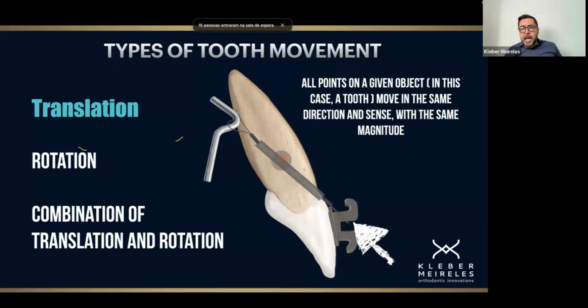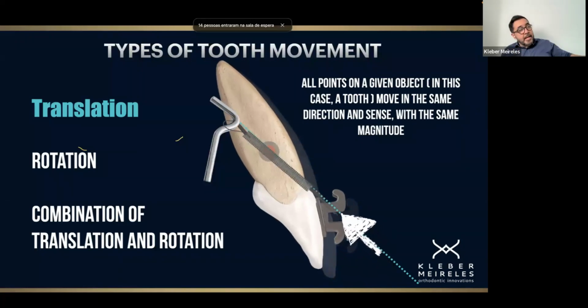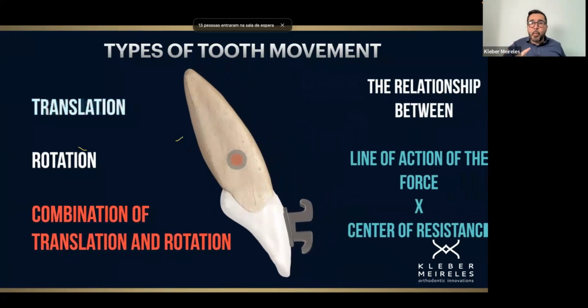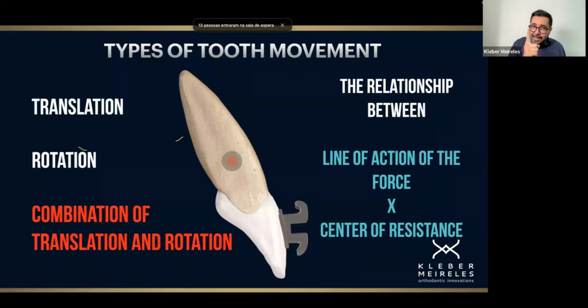So we can sometimes have this type of movement, which is a translation also, but it's not a distal translation of the center of this tooth. It is like an intrusive movement that we are applying here, and it can be a translation when we apply the correct line of action or the correct resultant of the line of action of the force. So now we are dealing with one force, one line of action of the force, okay?